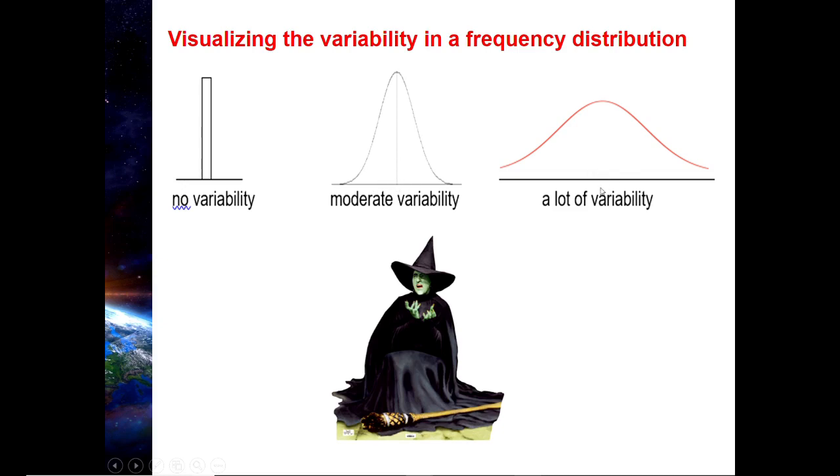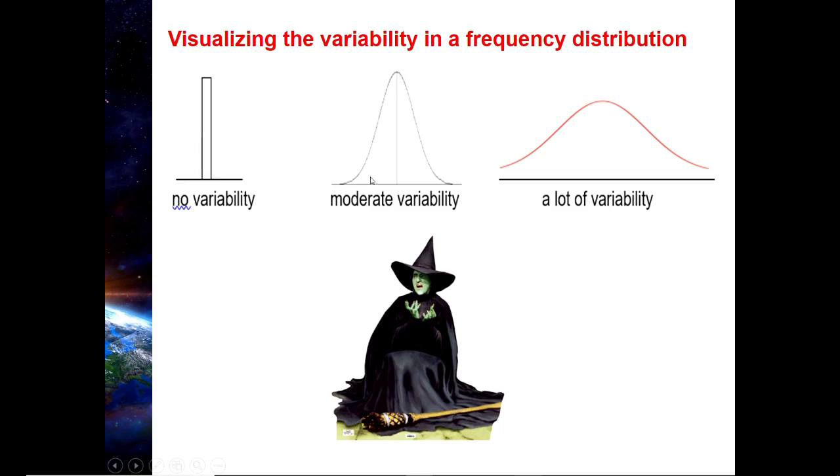Over here, the standard deviation would be larger because on average scores are further from the mean. So standard deviation gives us a good measure of variability or dispersion. Here, there's no dispersion. Everybody got the same score. Standard deviation would be 0.